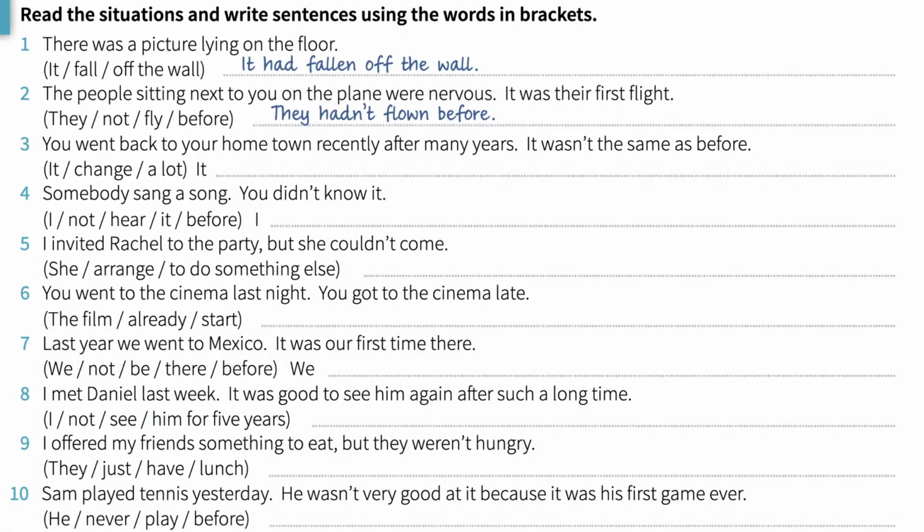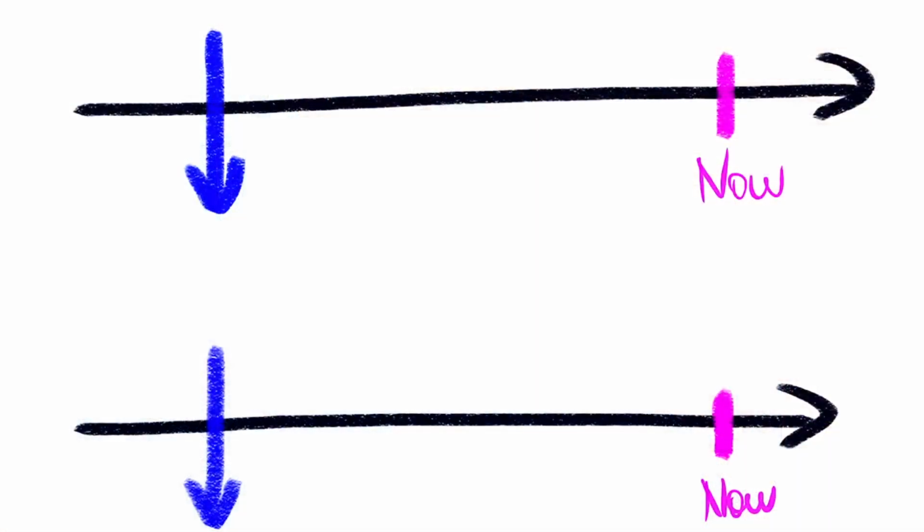Number 6, you went to the cinema last night. You got to the cinema late. When you arrived, when you got to the movies, the film had already started. So, you arrived in the past.